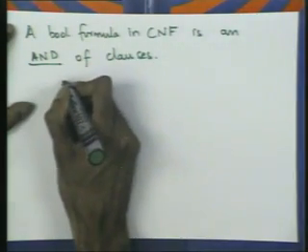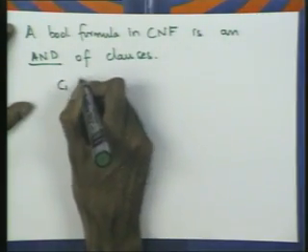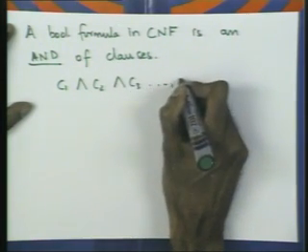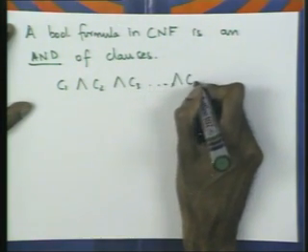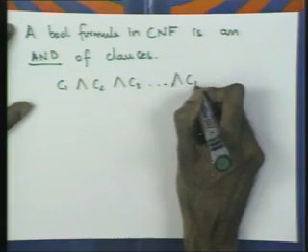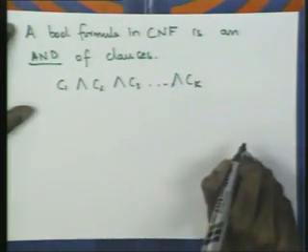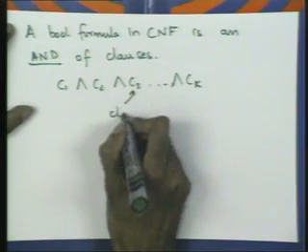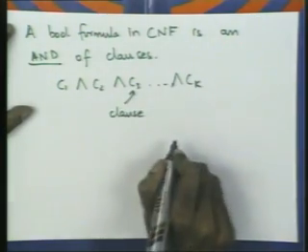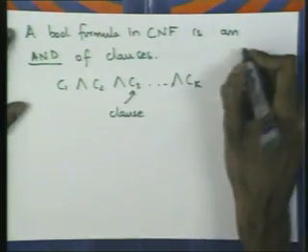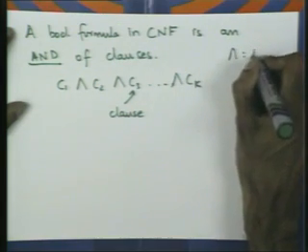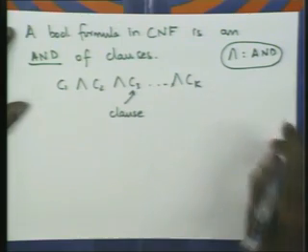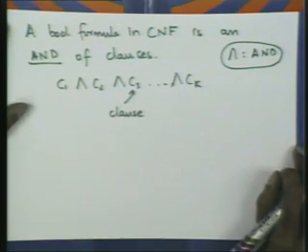So I have C1 and C2 and C3 and so on, and CK. Each of these is a clause. This symbol is AND, which is again the usual symbol that you use in logic.